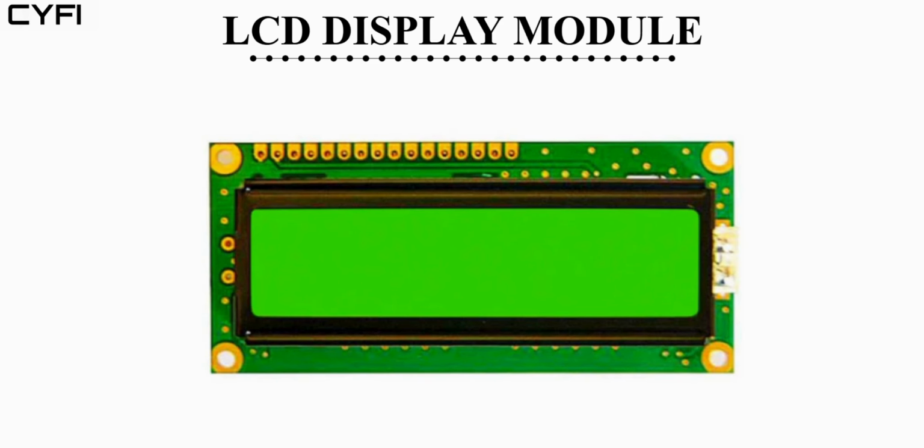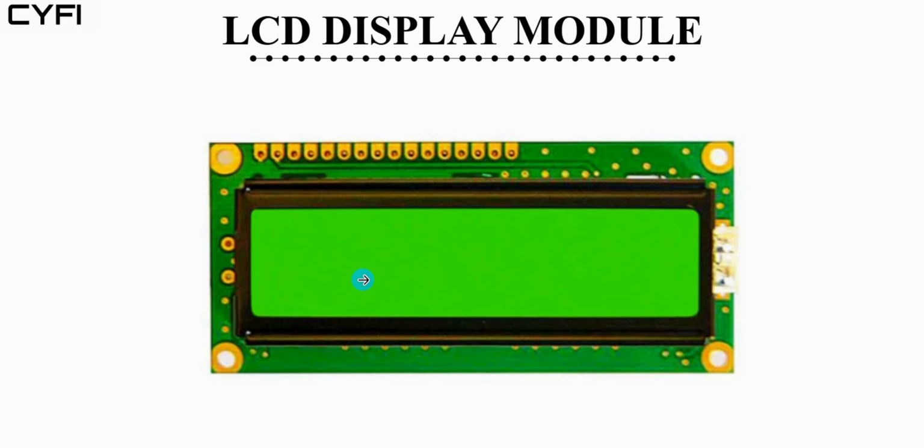That is why the potentiometer is used. We will learn about the potentiometer in coming videos. The potentiometer is usually used with the V0 pin to adjust the contrast manually; rotate the knob to make the text visible.